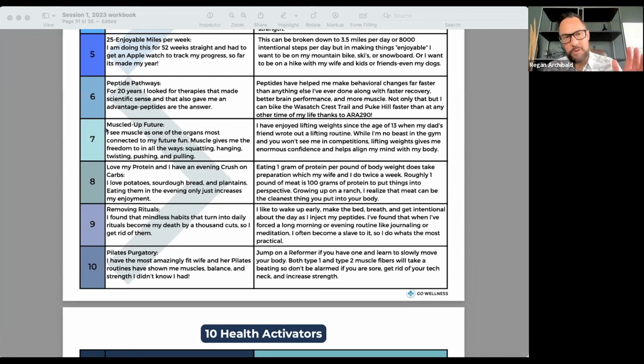And if you restrict your carbohydrates to nighttime, that's when you can get the most benefits from them, because you're more insulin sensitive. And then those carbohydrates help you create dopamine and serotonin, so you just get this nice grounding sense. I've learned to love, to have an evening crush on carbs, when I went years without them.